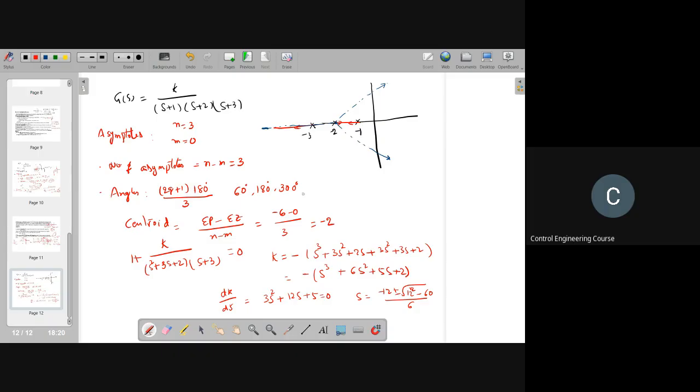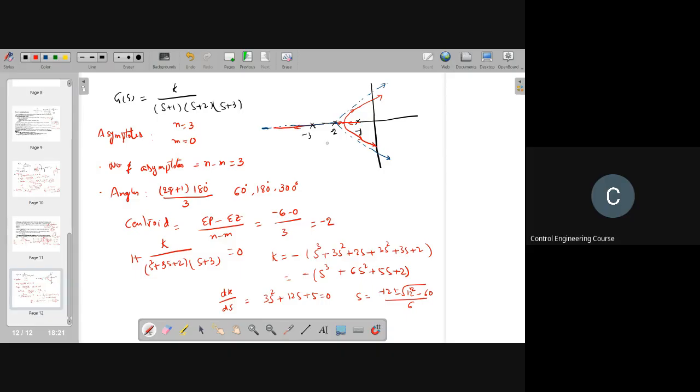Let us suppose this is the point. So it will be in between the two: one comes at minus 1 and another is positive. Then it will be like this. So this is the fourth point which we need to calculate.